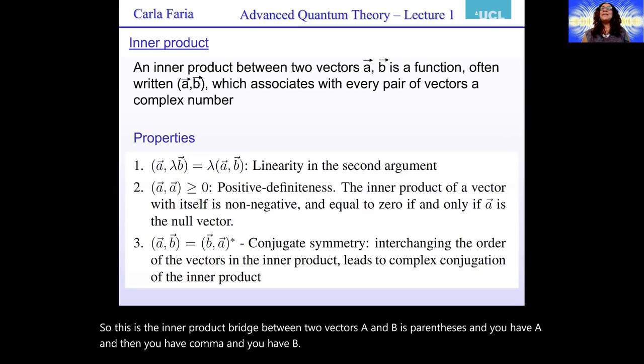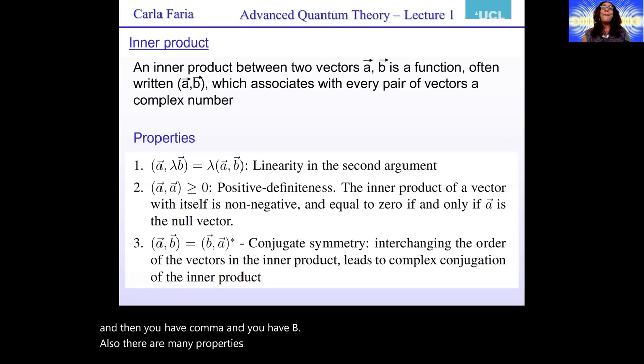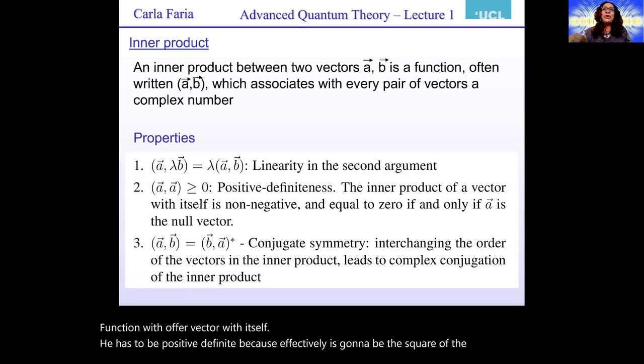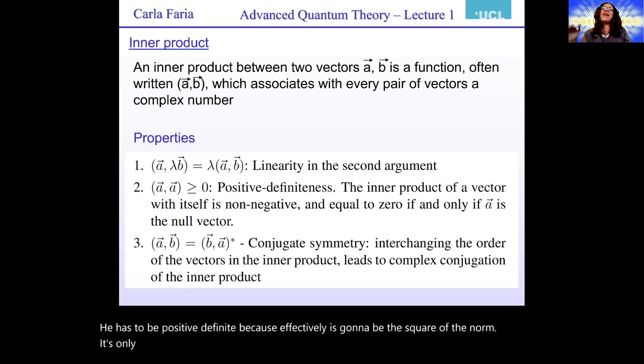Also, there are many properties that this inner product must fulfill. For instance, it has to be linear in the second argument. If you take the inner product of a vector with itself, it has to be positive definite, because effectively it's going to be the square of the norm. So it's only going to be 0 if A is the null vector.